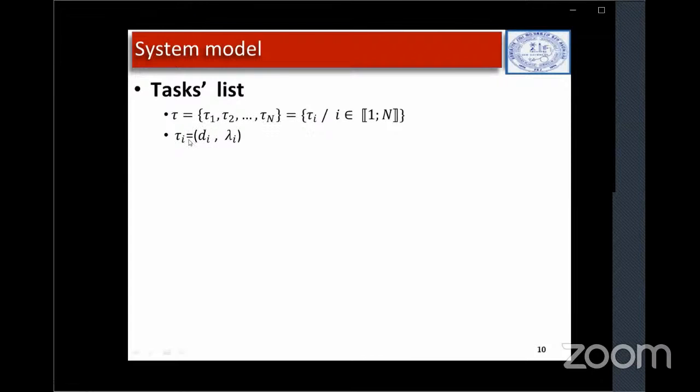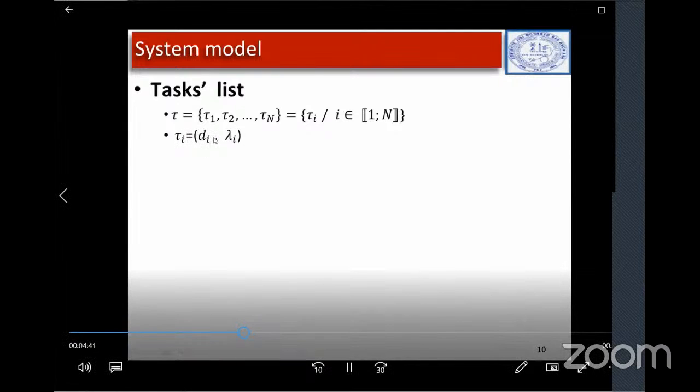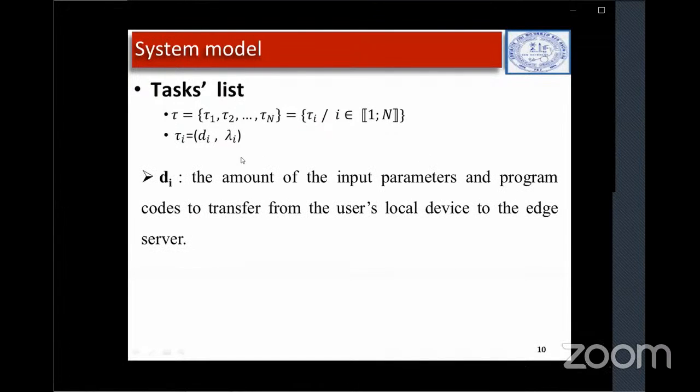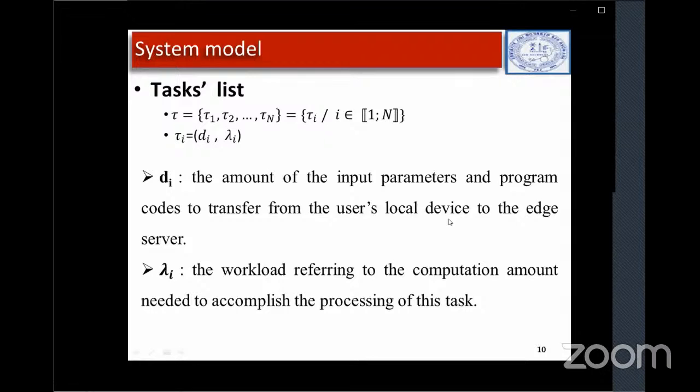Each task is characterized by the following two parameters, dA and lambda A. dA, the amount of the input parameters and program code to transfer from the user's local device to the edge server. Lambda A, the workload referring to the computation amount needed to accomplish the processing of this task.